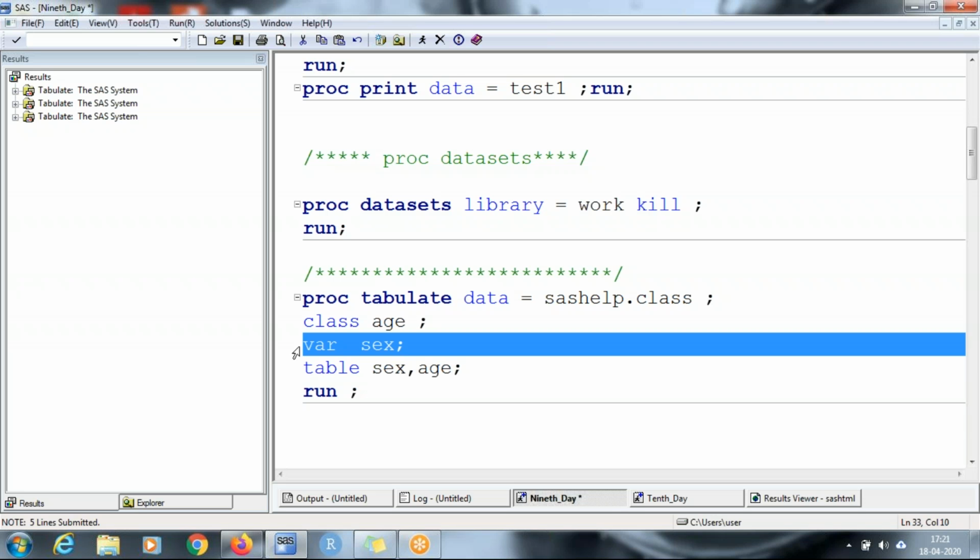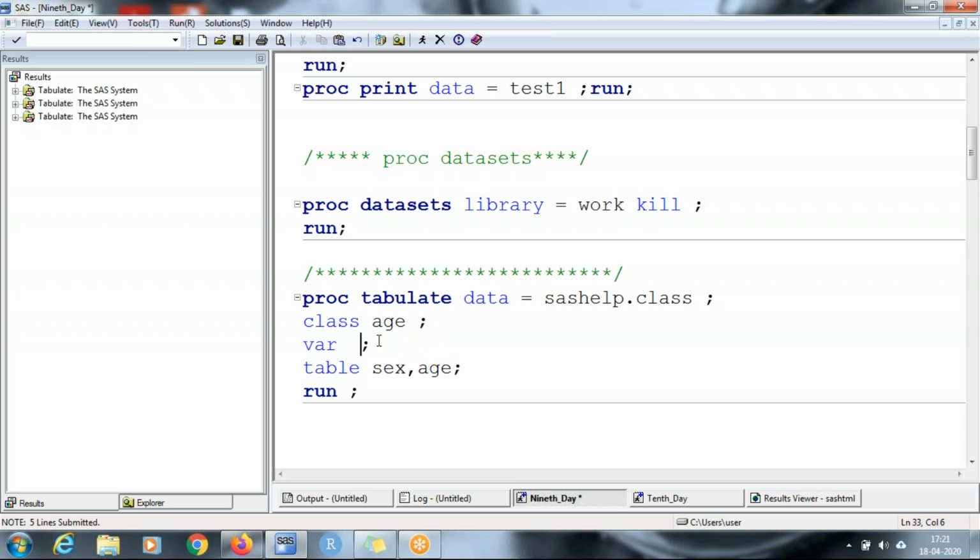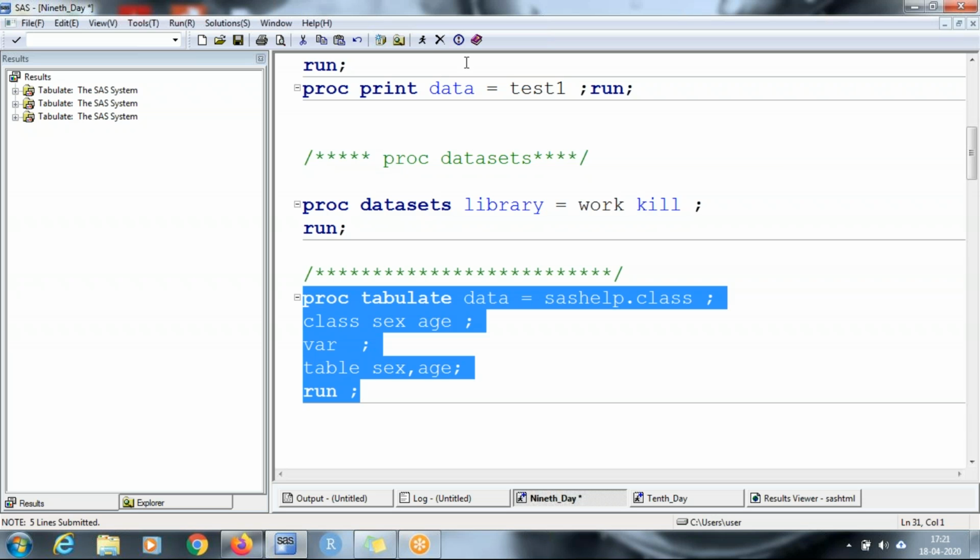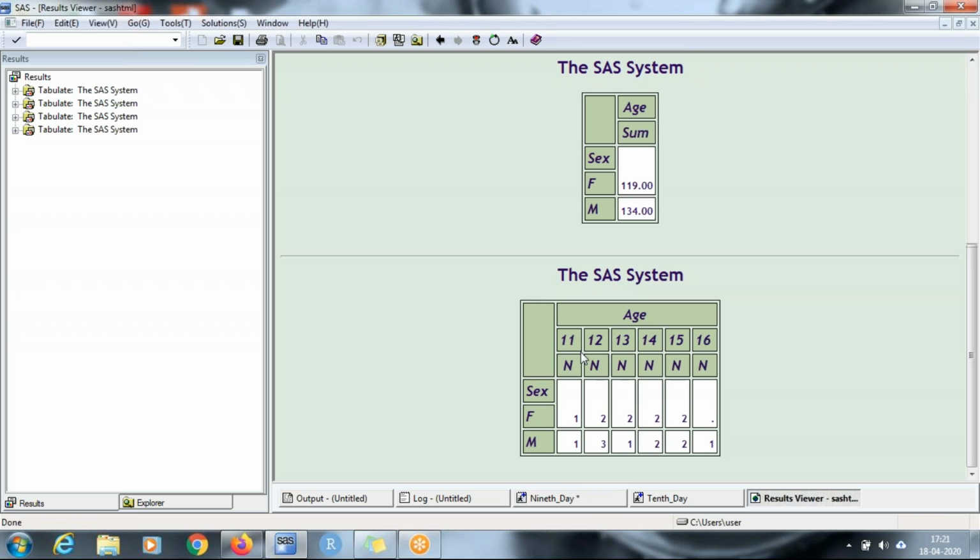Since we cannot apply any mathematical formula on this data, the var statement is not accepting this variable. Now, what would happen if I define both variables over there?